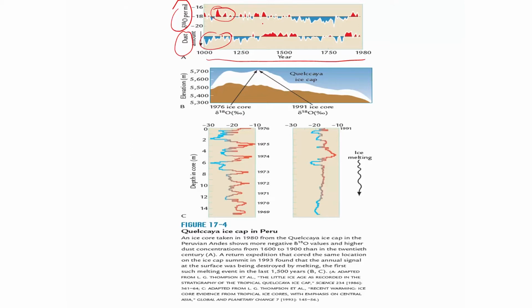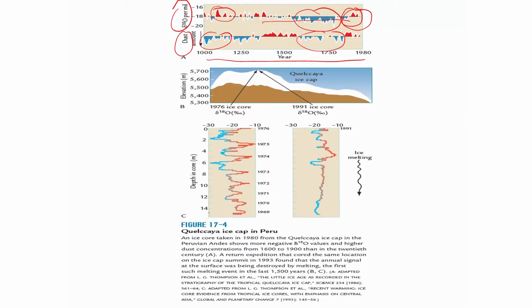But you can see that as we come towards the post-industrial timescales, out of the Little Ice Age, where the delta O18 was enriched, which means temperatures were colder, the dust does not correspond. Usually we expect that when it is colder, dust increases, but because of conversion to agriculture, deforestation, etc., or maybe for some other reasons, the dust is not corresponding, and we are increasing the warming, so the ice melting increases and the enrichment of delta O18 is reduced. You can see that more clearly here.